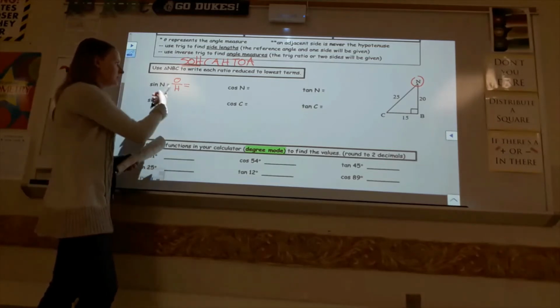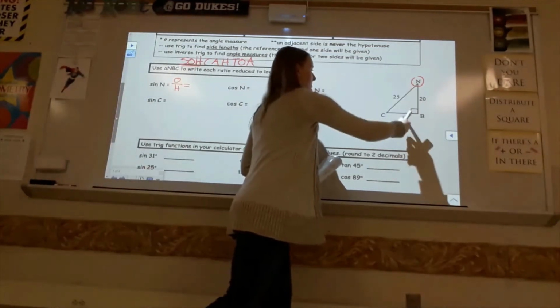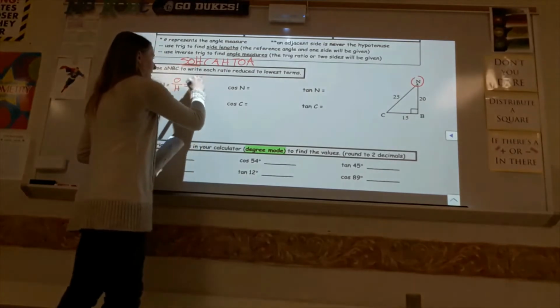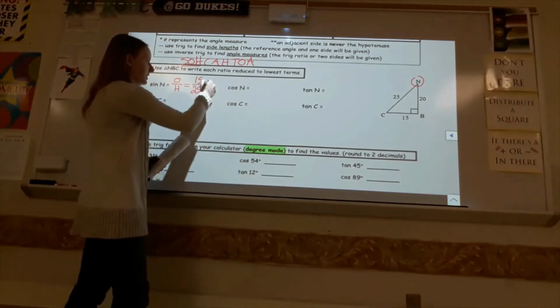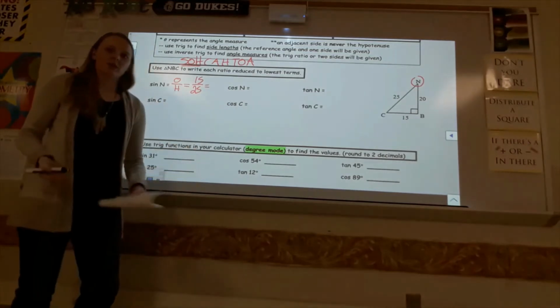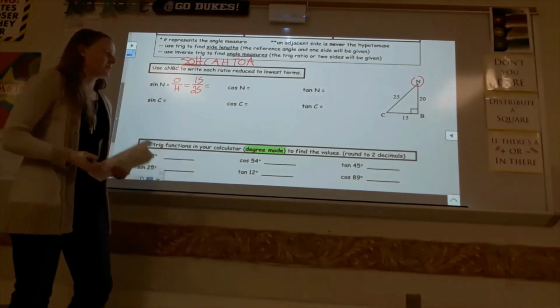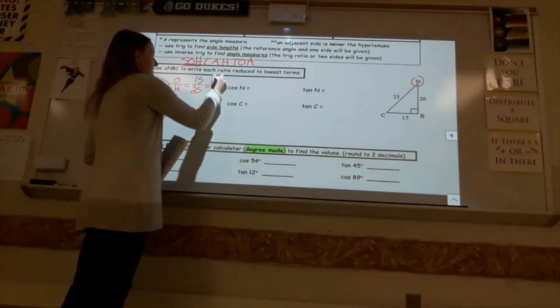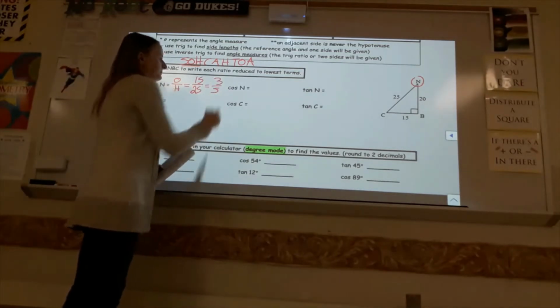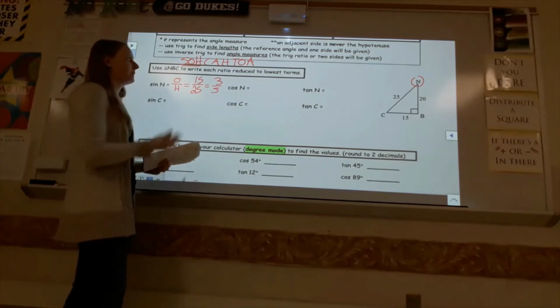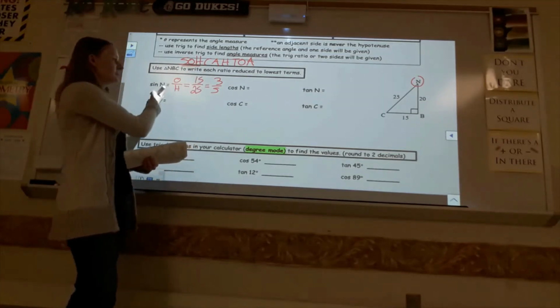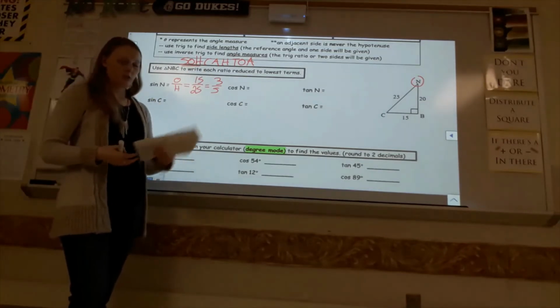So all I have to do is find what side's opposite N, which is 15, and then the hypotenuse, which is 25, all based on that triangle over there. And when you're writing a ratio or a fraction of any sort, make sure it's fully simplified. So if I simplify that, it becomes 3/5. That's all they want. When they ask you for a ratio, they want you to write the fraction using the sine relationship within the triangle.